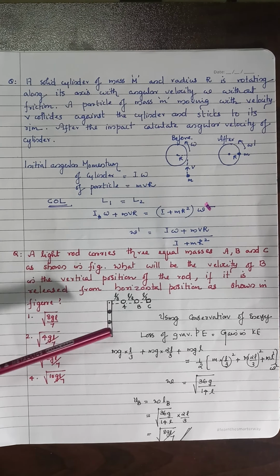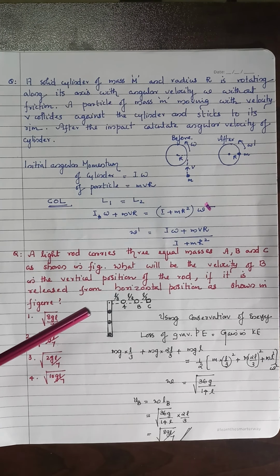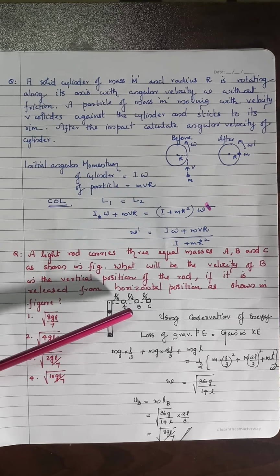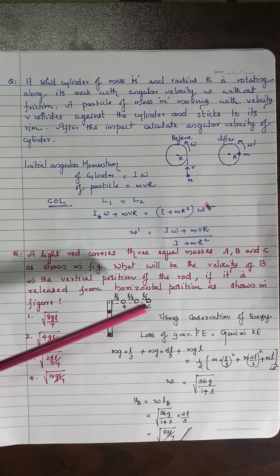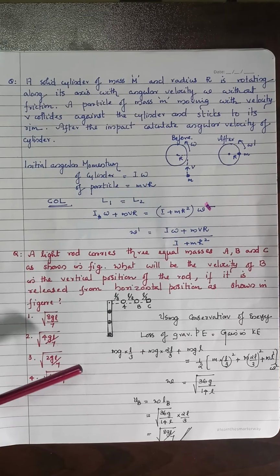For each particle, we have to find the loss of gravitational potential energy. For the first particle, keep in mind just L by 3 loss, for the second one 2 into L by 3, and for the third one L. That is a very important concept.